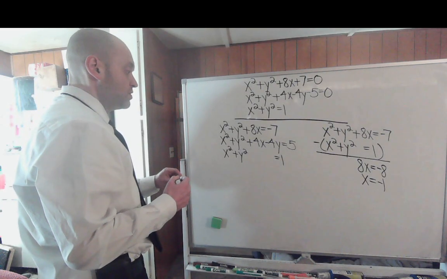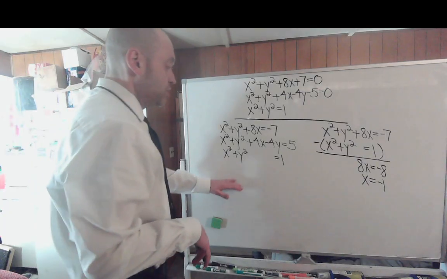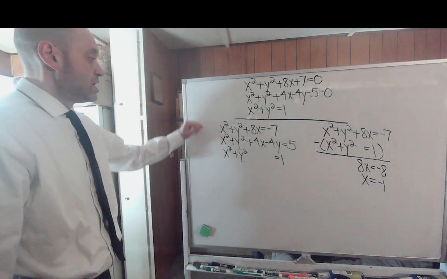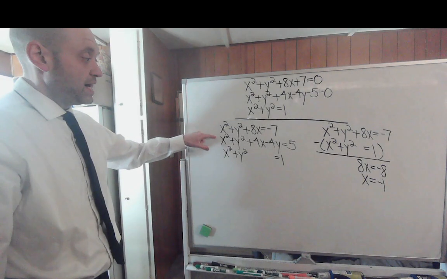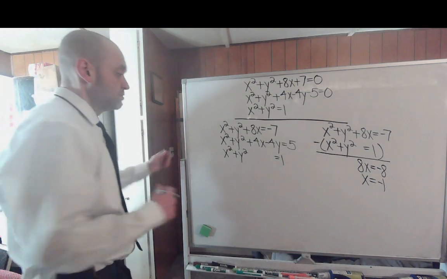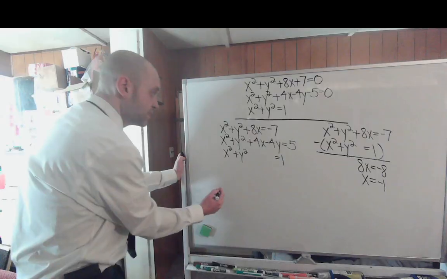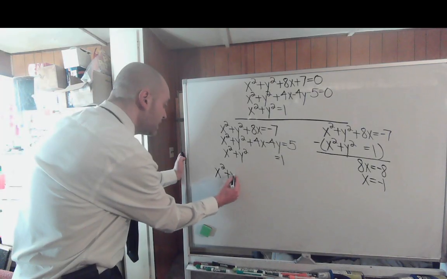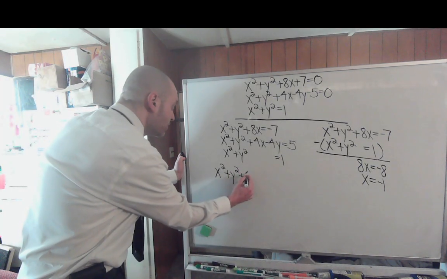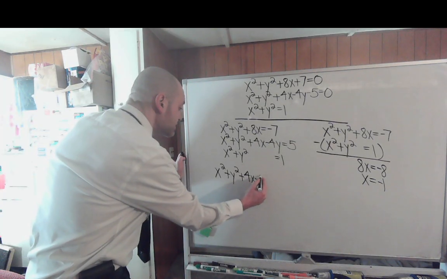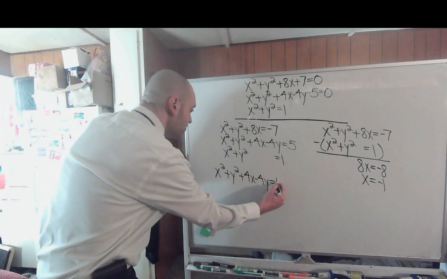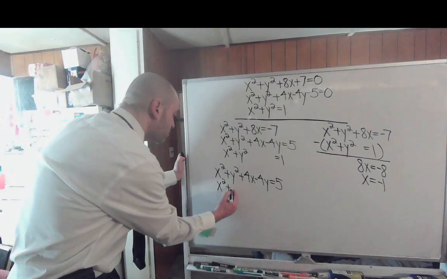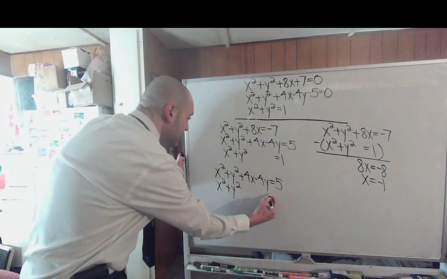Alright, now, we also need to find another equation by, let's say we combine the second and the third one. So let's do elimination with the second and third one. So we'll take x squared plus y squared plus 4x minus 4y equals 5. And then we'll have x squared plus y squared equals 1.